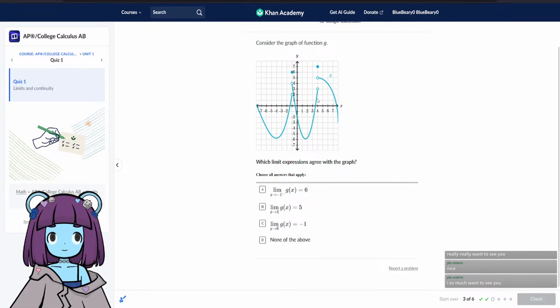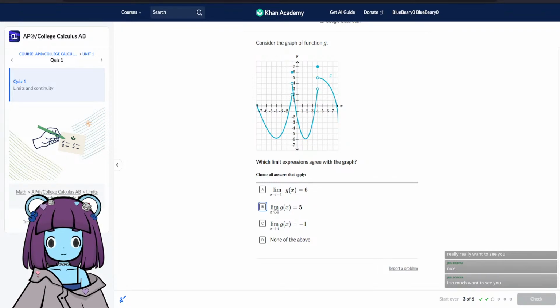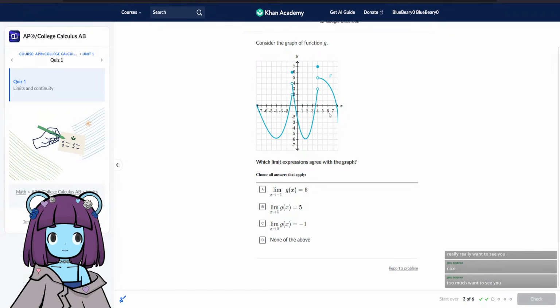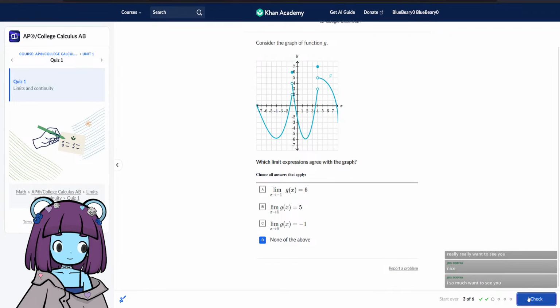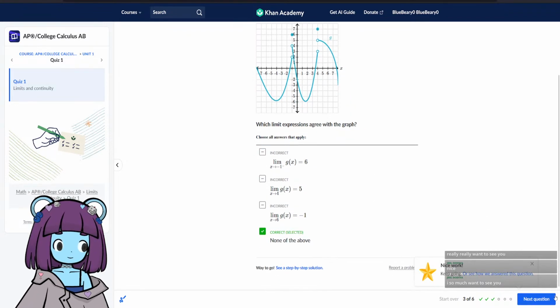It is not 5 because it jumps. So this is also not correct. And g of x, as it approaches 6 from both sides, should be 4, because it approaches 6 from the left and the right. So it should be none of the above. Yeah!